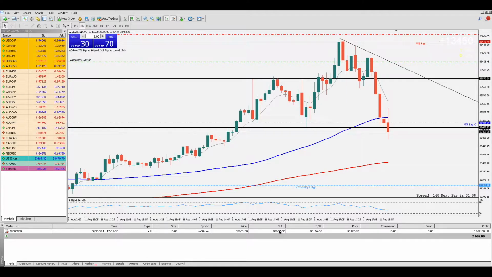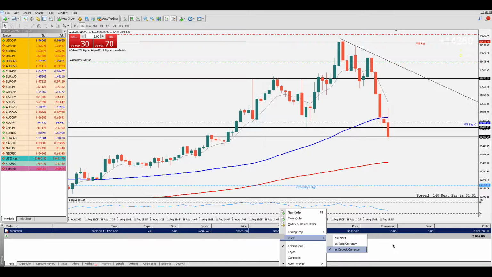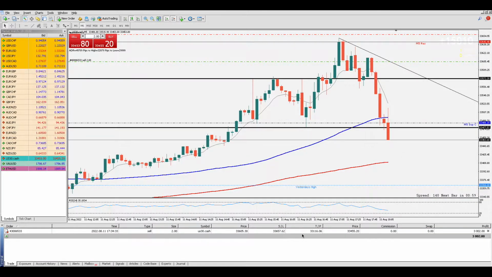And those runners, we're gonna have them at break even. Okay, so we're gonna be doing this. We're gonna wait around this area, and I'm probably gonna do this from my phone, easier.